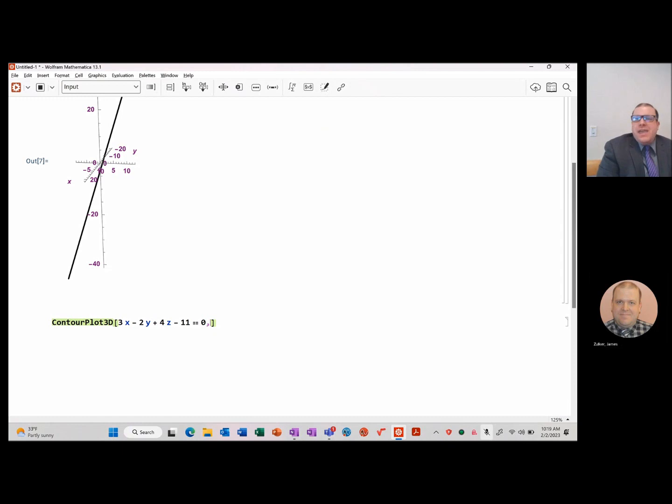We now need the domain. We have 3 variables, x, y, z, so we need a domain for all 3 variables. Let's start with minus 10 to 10 all the way around and see what we get.